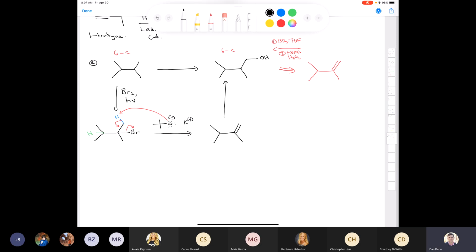All right, then you just have a couple of steps left: the anti-Markovnikov addition of water across a double bond. First step, borane and THF, followed by hydrogen peroxide and sodium hydroxide. All right, there we go. So sometimes I like to draw mechanisms along the way that can be very helpful in providing a rationale for the synthesis.